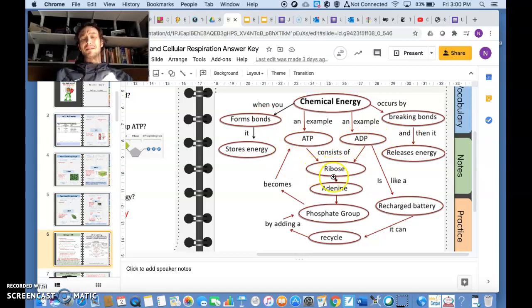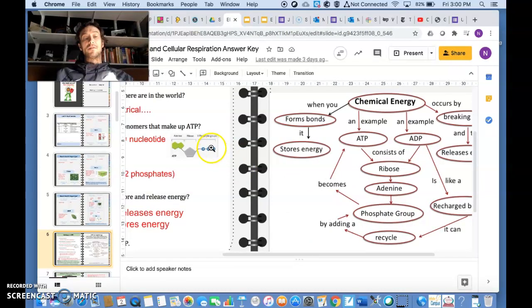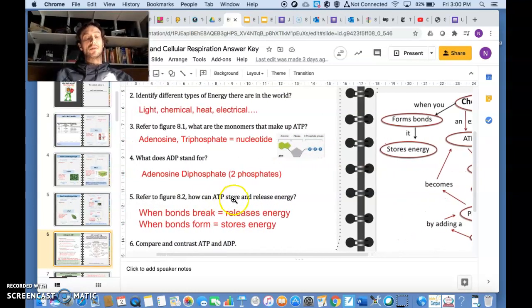They're made of the same stuff, the same parts, monomers, remember that? Ribose, a sugar, the nitrogen base. And then it's really just how many phosphate groups are there. But again, the main thing we're worried about is this little phosphate group at the end, that bond that exists there is where the energy is that the cell can use.